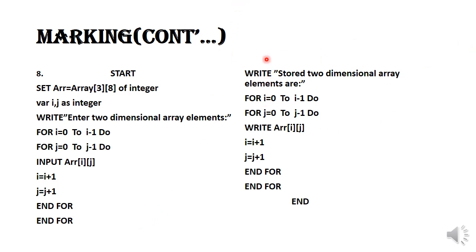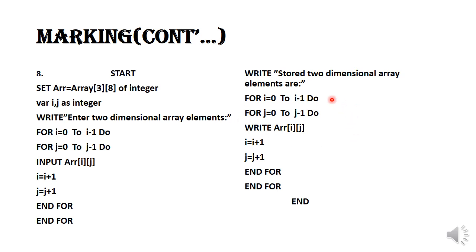And also these statements are used to retrieve what is stored in the array. So write the stored two-dimensional array elements; we use an inner for loop over the rows and the columns. So for row equal to 0 to row size -1, do, and on the same row use also the column starting from 0 to column size -1.